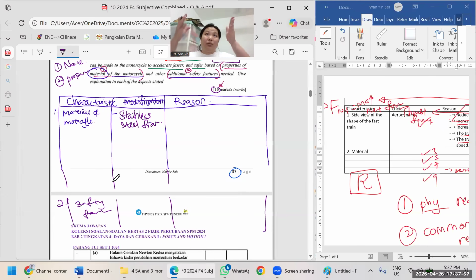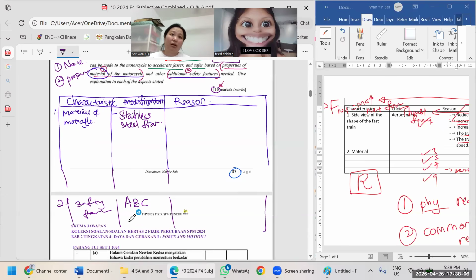Maybe you make 1 page long space. So safety features, for example, ABS, anti-lock braking system. Why? Can stop fast, can stop in shorter time.